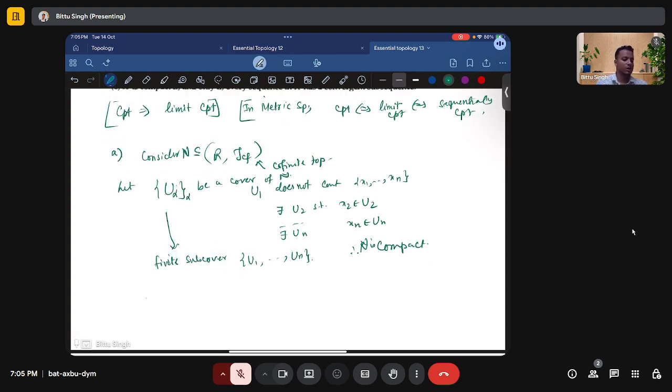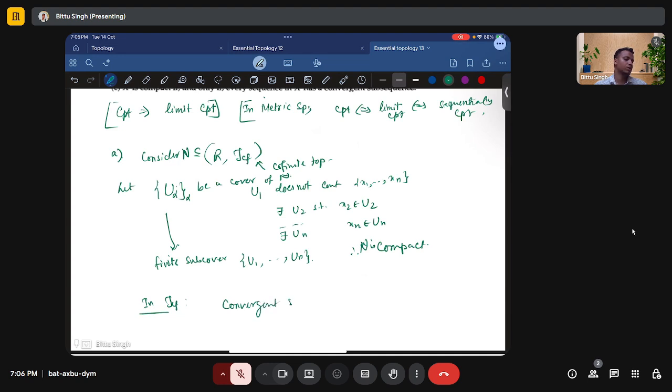Why is this true? Because in the cofinite topology, convergent sequences are essentially constant.